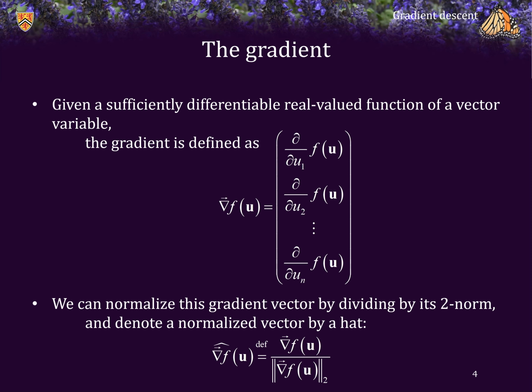Now, we can also normalize this gradient vector by dividing it by its 2 norm. And you will recall that we denote a normalized vector by adding a hat to that particular vector. So here is how we will represent the normalized gradient vector.